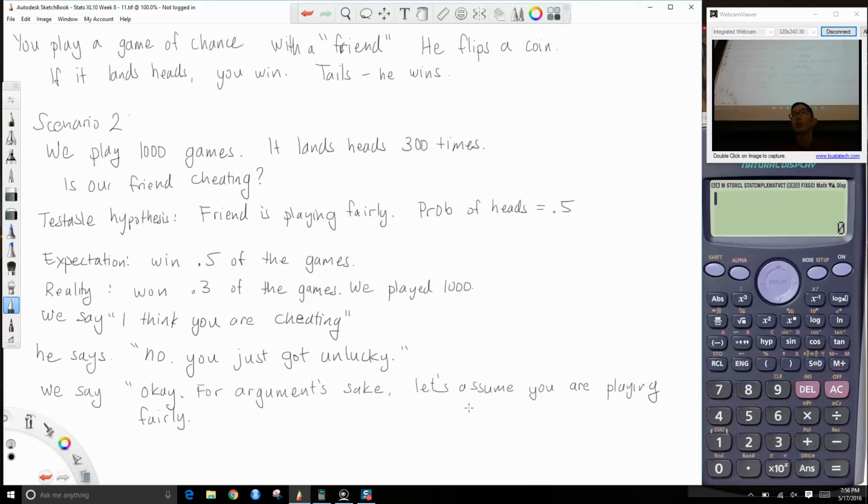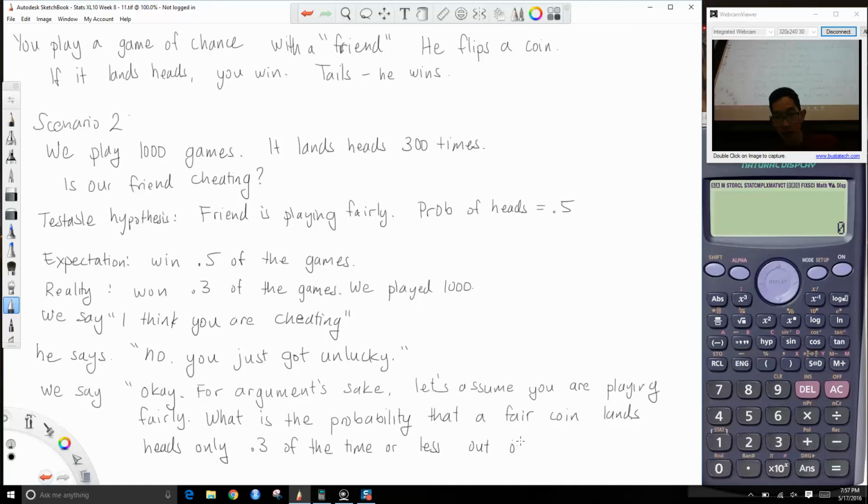Okay. We can then ask, what is the probability then that a fair coin would land heads only 0.3 of the time, or less, out of 1,000 flips, okay?